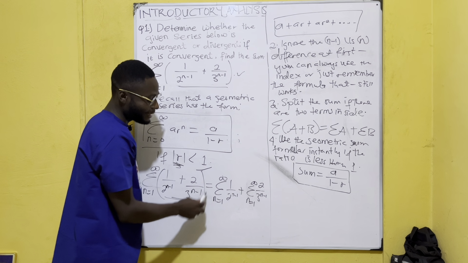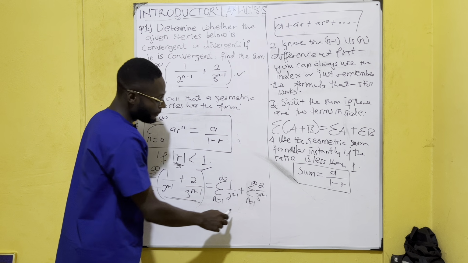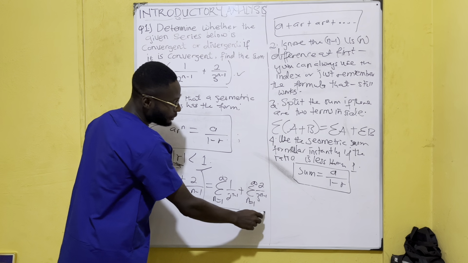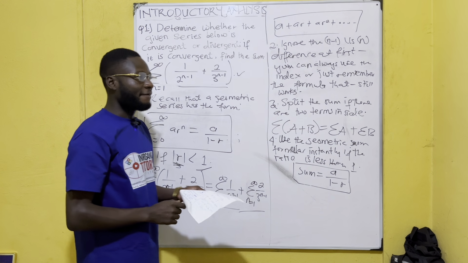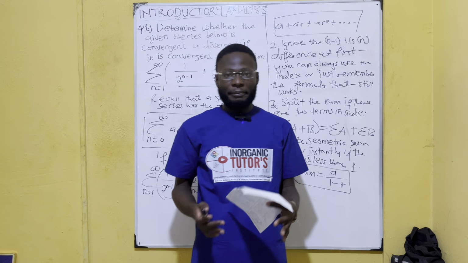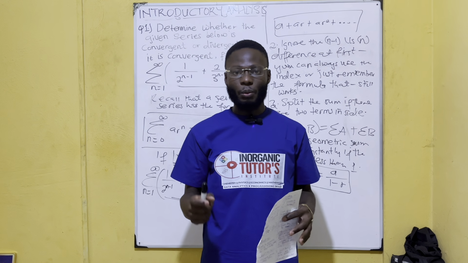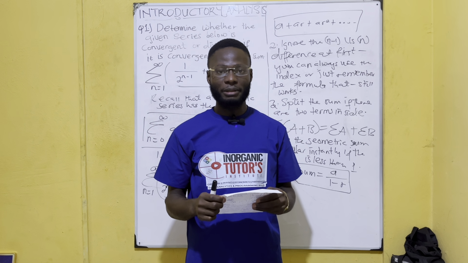So let's analyze them step by step. Consider this and analyze it, then consider the other and analyze it. If the ratio of each of them is less than 1, then we can find the geometric sum.